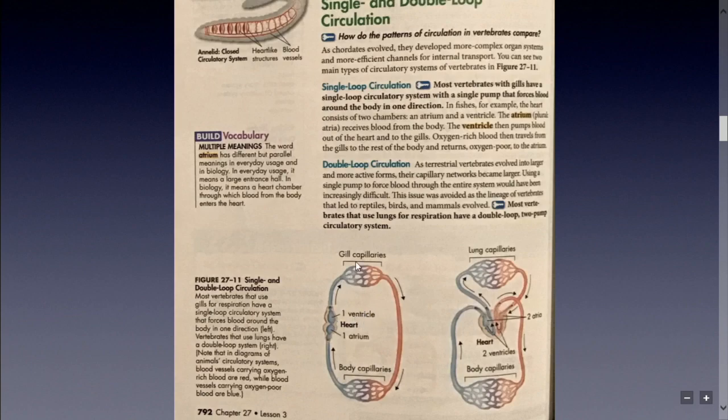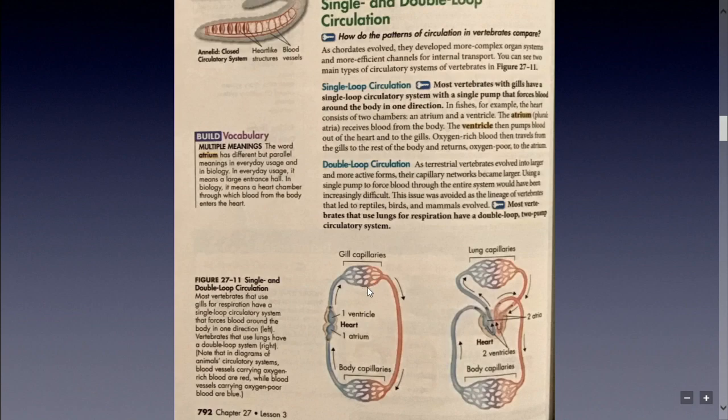In this case, with the single loop, it's going to be capillaries that are going to receive the blood first, and that's going to be deoxygenated. We usually use the color blue to represent deoxygenated blood, which means there's no oxygen in it, or little oxygen in it. And then at the gills, remember all the surface area that's available makes it easy for oxygen to quickly diffuse in.